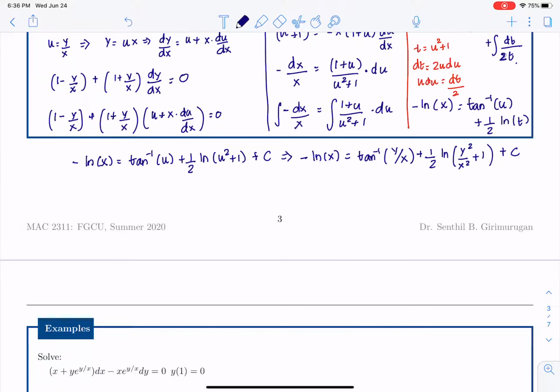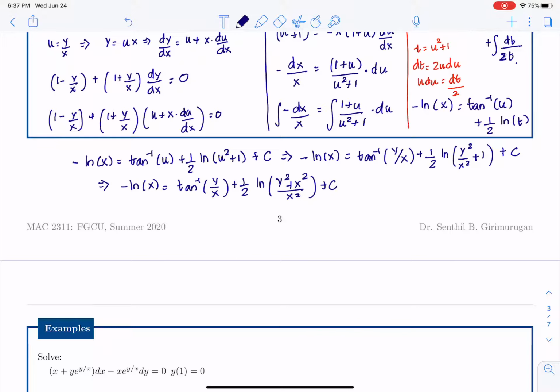If I'm trying to simplify here, negative ln of x would equal tangent inverse of y over x plus 1/2 ln of (y squared plus x squared) over x squared, plus c.